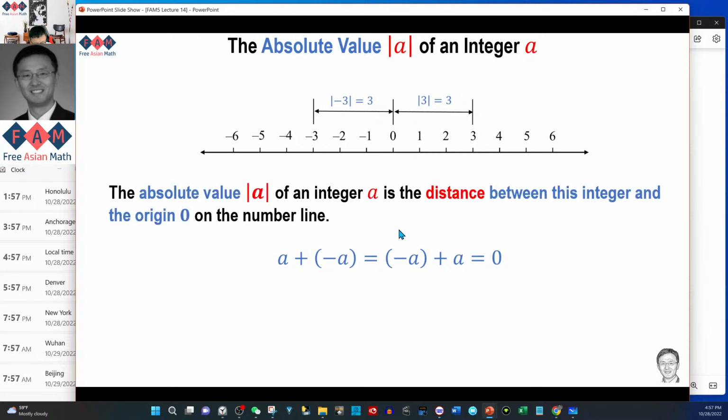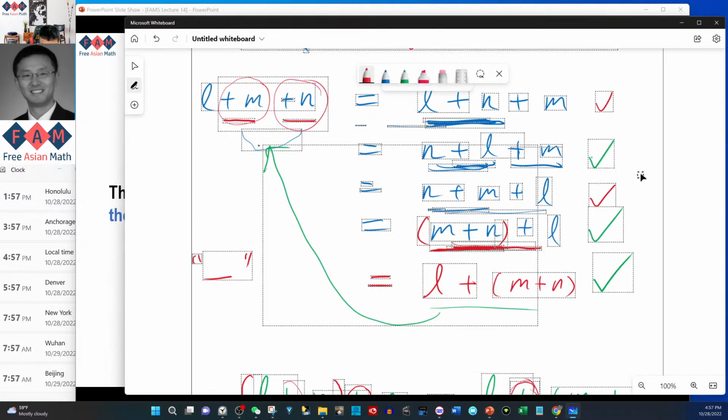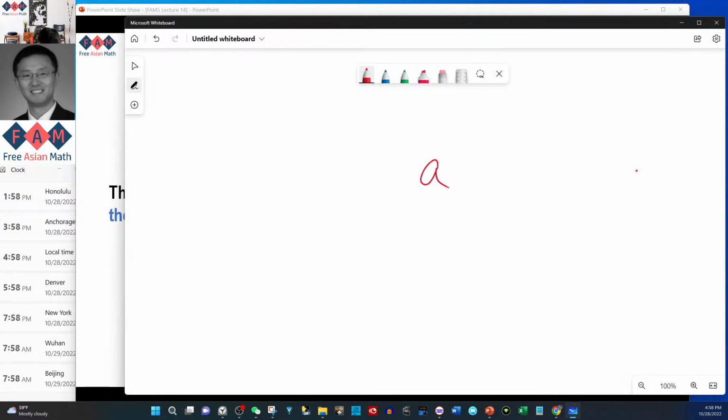The absolute value of A, written as this weird symbol, we have an integer A. We write its absolute value by putting two vertical bars surrounding this A. So this is the absolute value function, actually. Well, we don't have to worry about that term. Just think about this as an operation. You put a number in, and a value comes out.